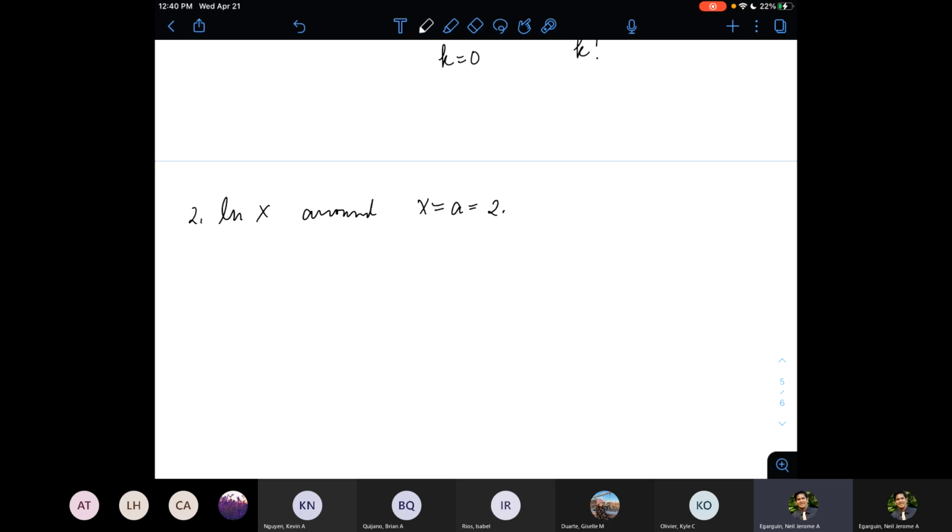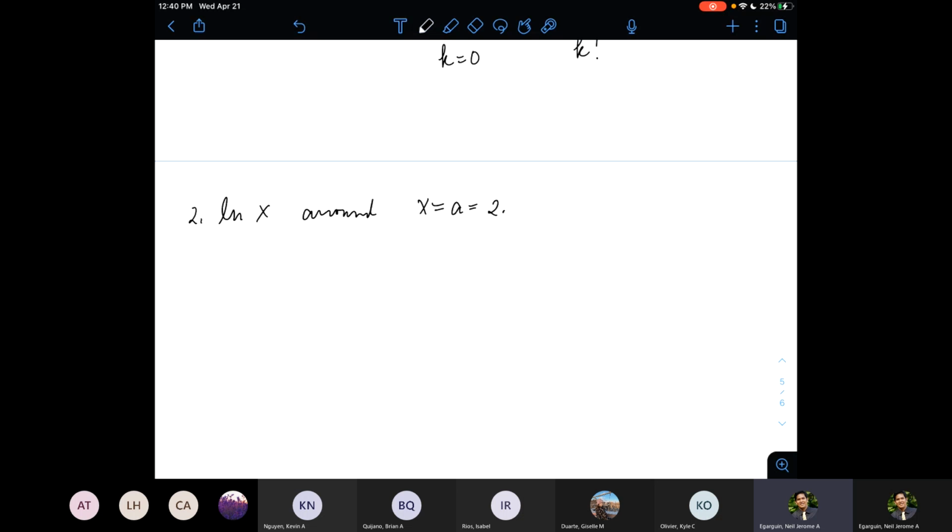The thing here is that the expansion for ln x would be different from the expansion of ln of 1 plus x. Oh, you already did this, so what do you think? Should I skip this one? Okay, so you already did it centered at x equals 1. So I guess centering it at x equals 2 will be similar.